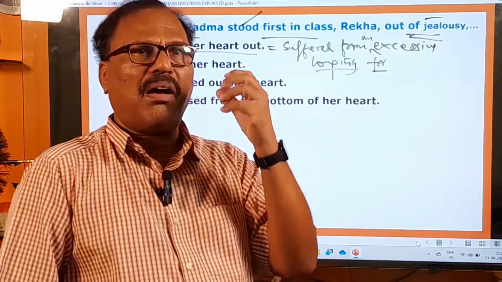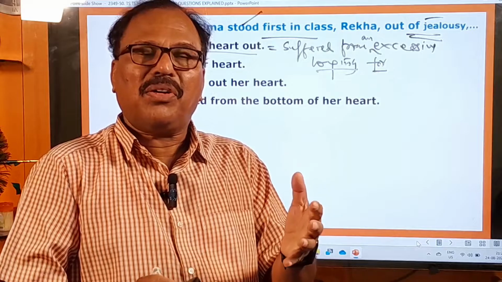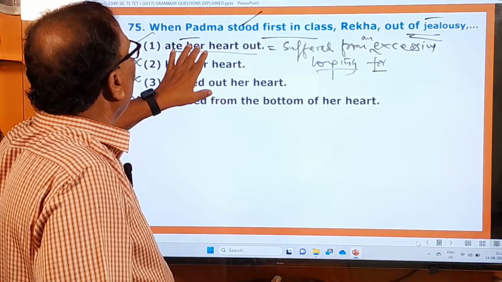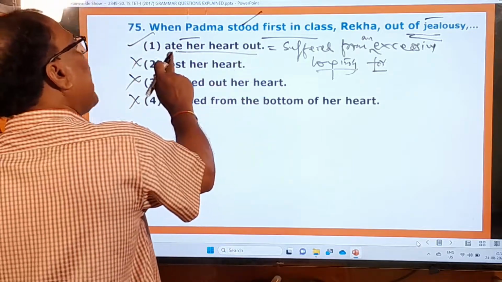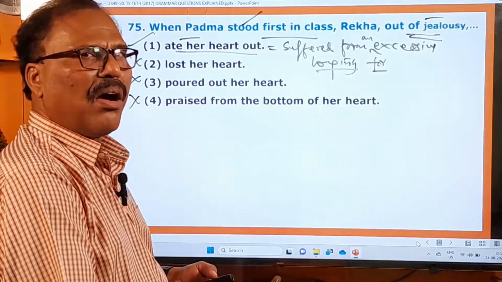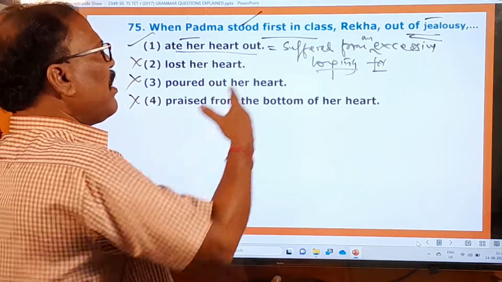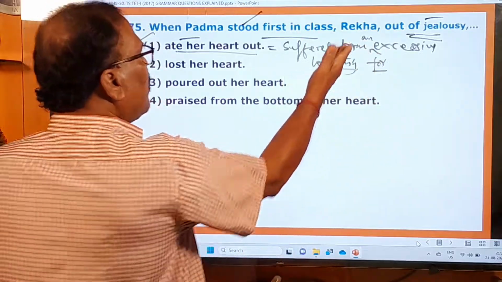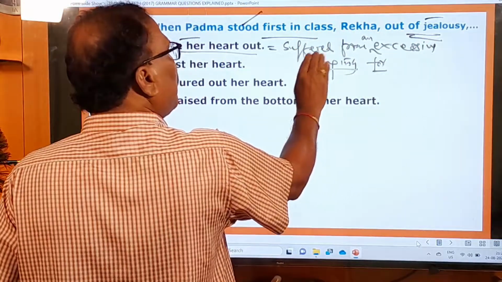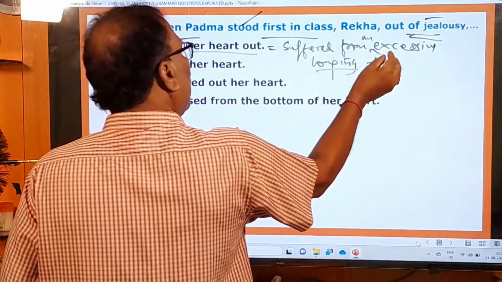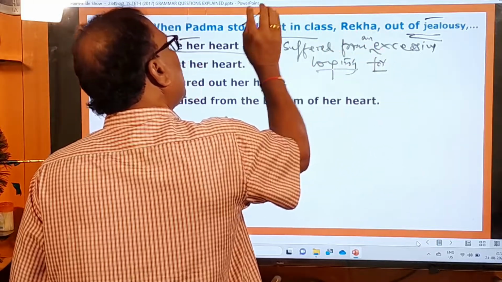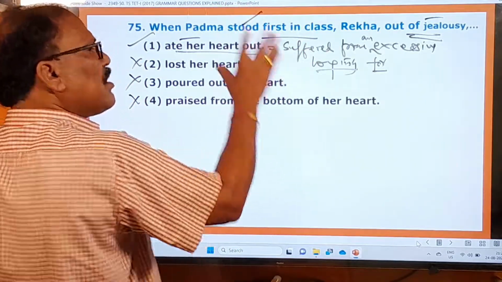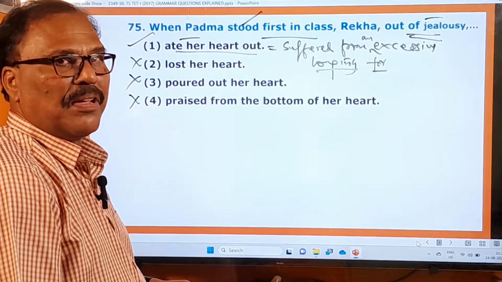Whatever is not attainable, if you have an excessive longing for that, you say I ate my heart out. It means I am suffering from an excessive longing for that something. Here Rekha, out of jealousy, is suffering from an excessive longing for standing first in the class, just like Padma. So out of jealousy, she also wants to stand top in the class, just like Padma.